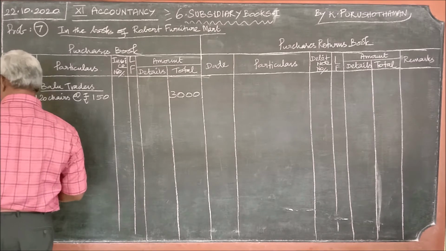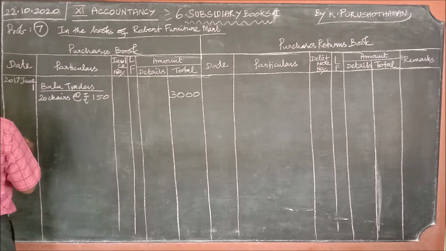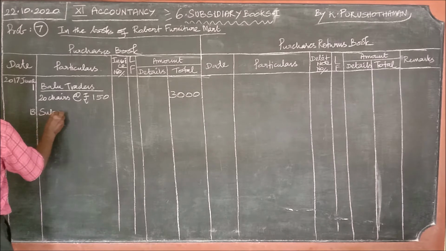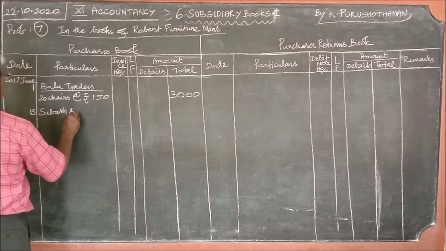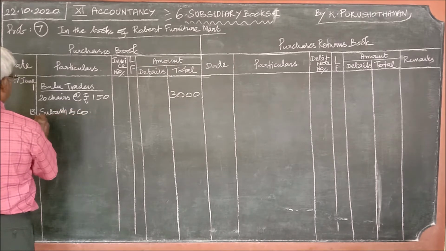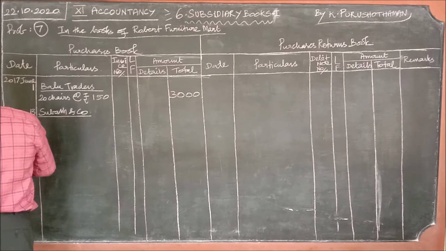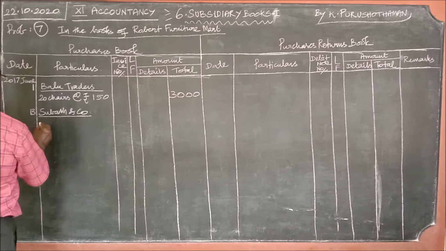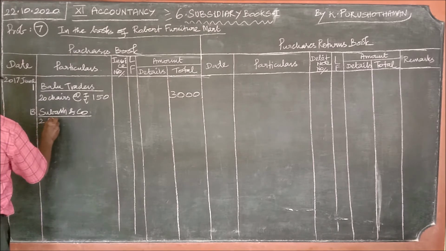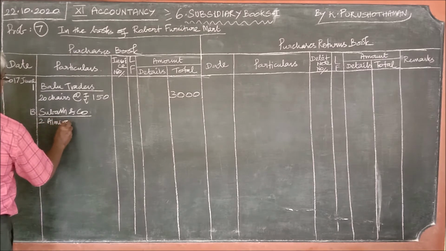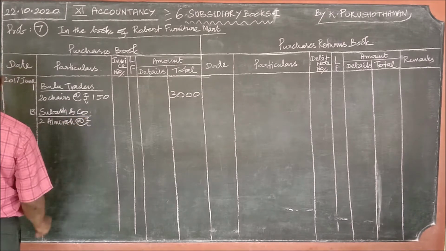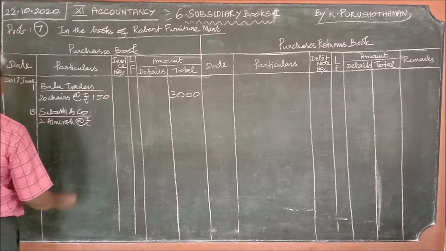So this is Subhash and Co., June 13th. We shall write the items one by one: 2 almirahs at the rate of rupees 3,100.